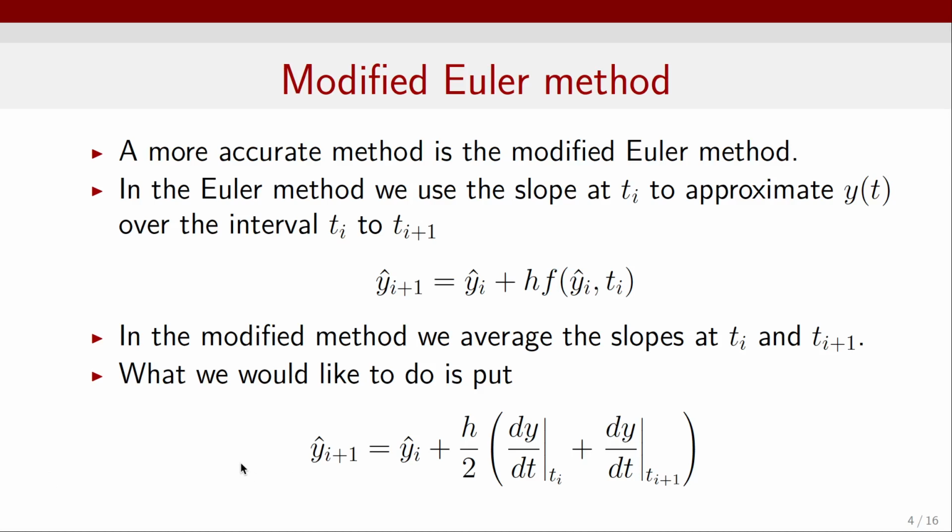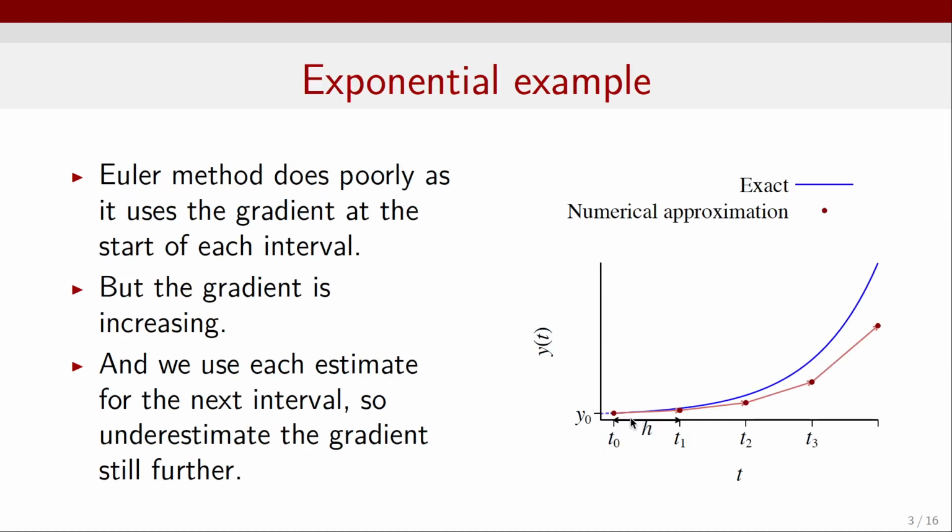If we write this as an integral equation, we're going to have yi plus 1 equals yi plus the integral of f of y and t dt, and that integral we can calculate by calculating the area under the curve from ti up until ti plus 1, and that integral can be calculated using the trapezoidal rule.